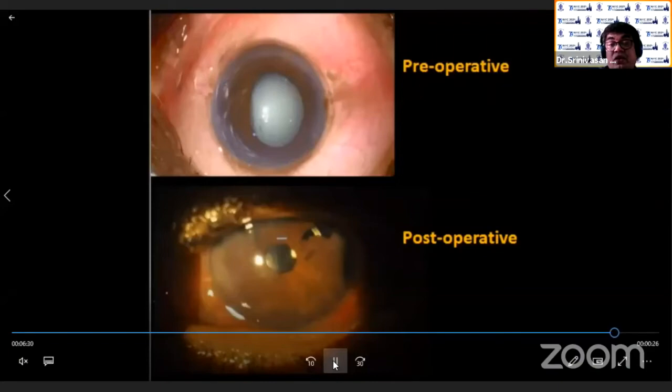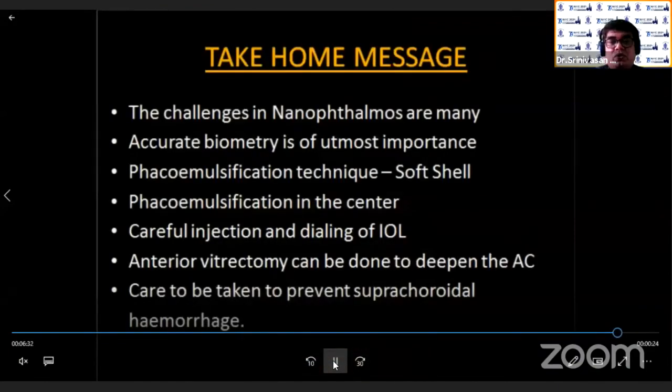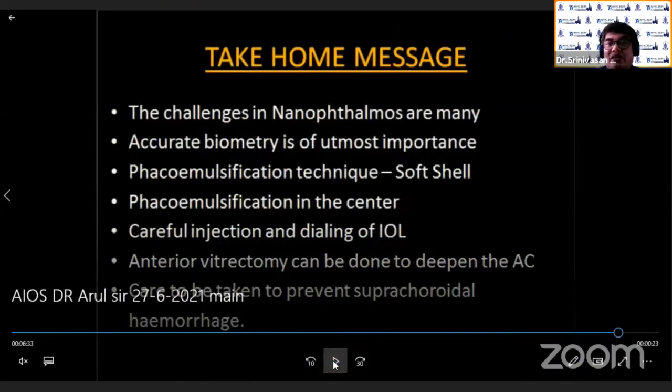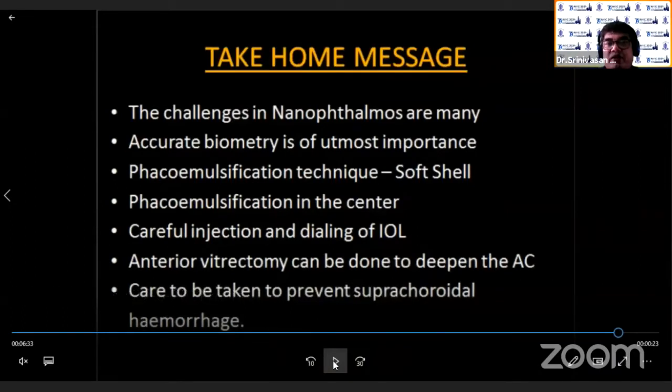In cases of nanophthalmos, there are certain points I want to stress. The challenges are many, but with adequate planning and accurate biometry, you yourself do it, do an immersion contact. Follow the formula: the SRK/T doesn't generally work, use the Haigis or the Hoffer Q. Use phacoemulsification with the soft shell technique, and protect the endothelium with the dispersive as well as the cohesive.